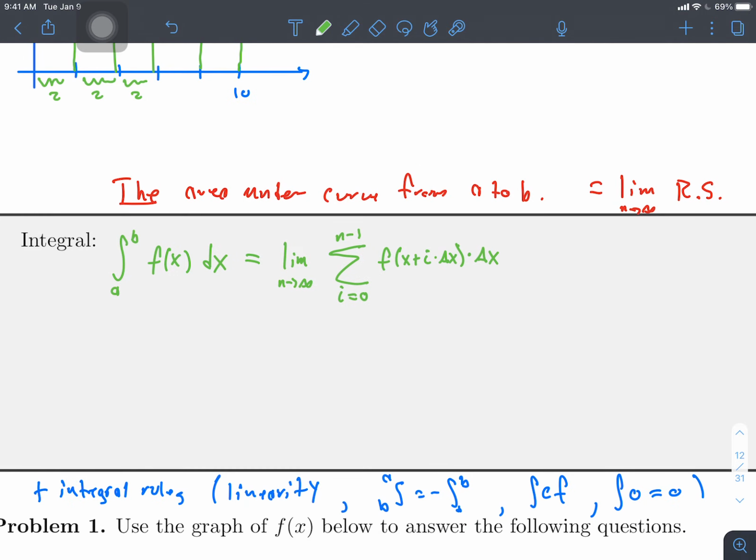This is your familiar formula for the left Riemann sums. Well, not with the limit, but this guy. This is the left Riemann sum.